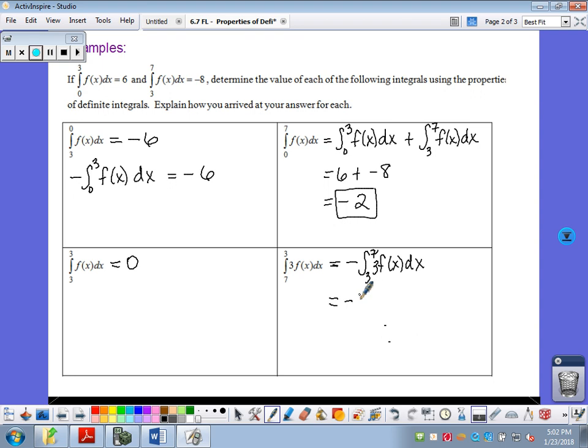So we now have negative 3 integral from 3 to 7 f of x dx. And so now this is a value that we know from the information that we've been given. And so this will just be negative 3 times negative 8, which is equal to 24.